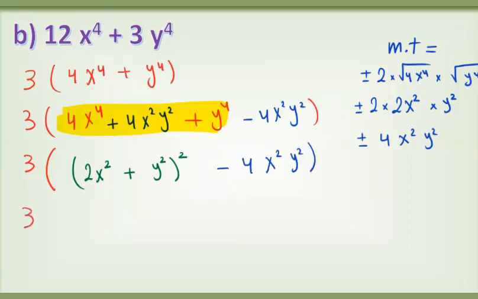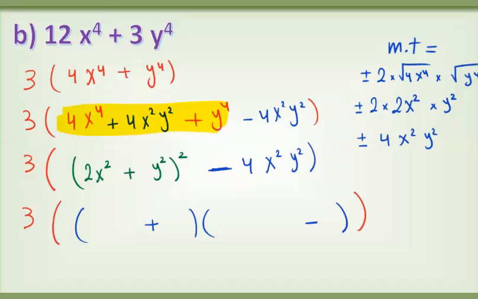Then we have 3 as a common factor, and inside the bracket we have another 2 brackets. One of them is positive and the other is negative, because this expression is a difference between two squares.